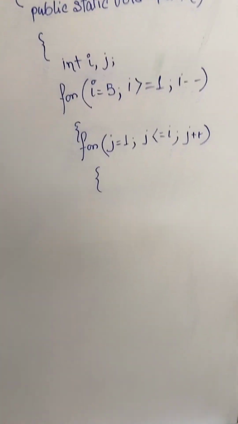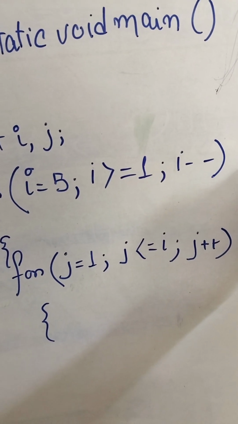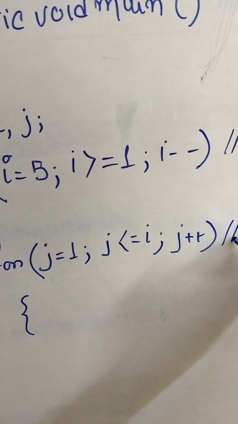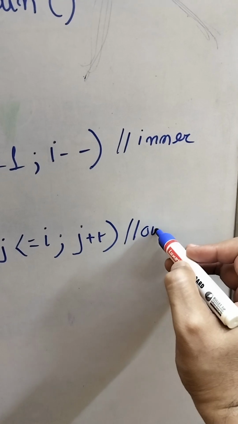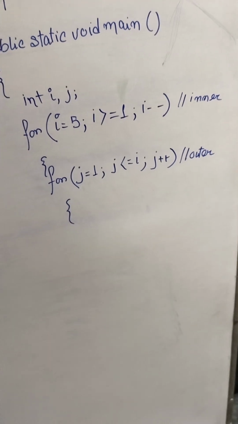Okay, this is the inner for loop, and this is the outer for loop.